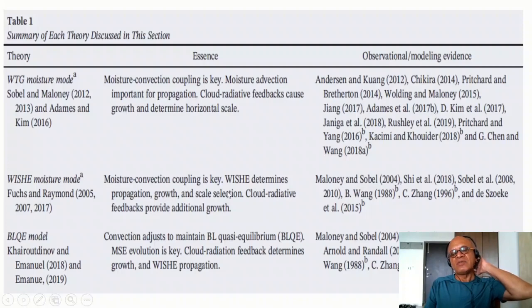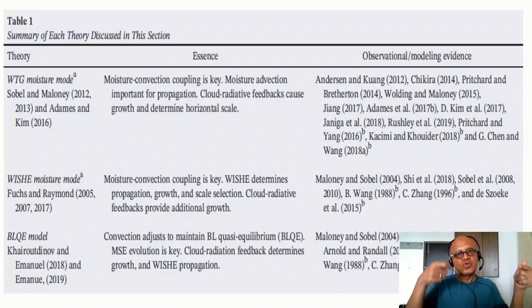So, if you remember, wind-induced surface heat exchange, WISHE, is essentially relying on the fact that MJO-related wind anomalies are easterlies to the front of MJOs and westerlies behind, and the background winds of easterlies are assumed to enhance surface heat exchange ahead of the MJO to increase enthalpy into the atmosphere, moisture loading, and so on.